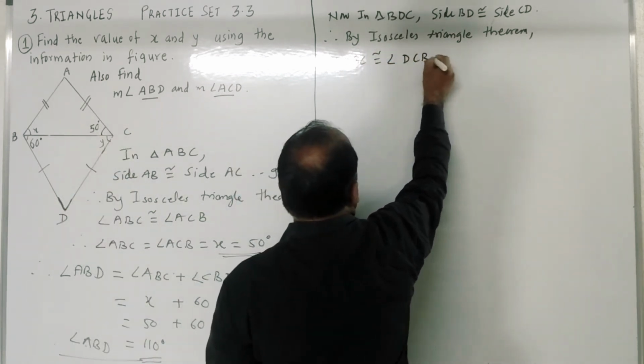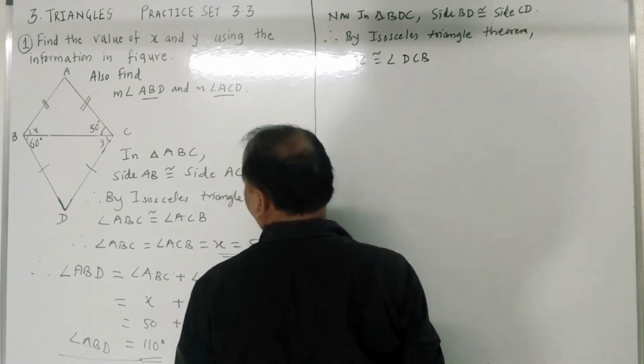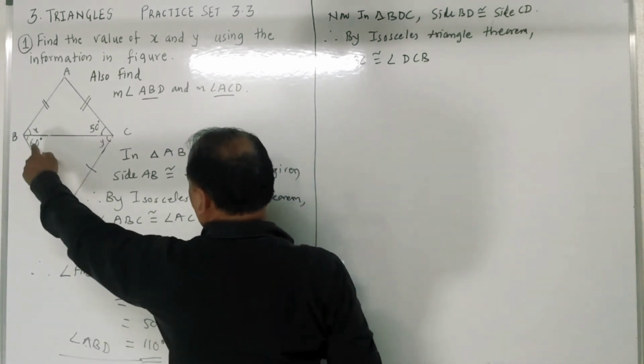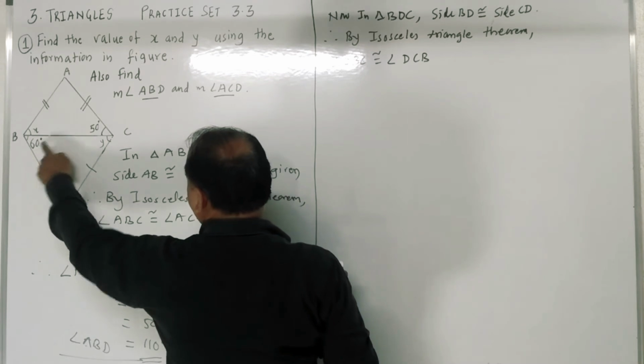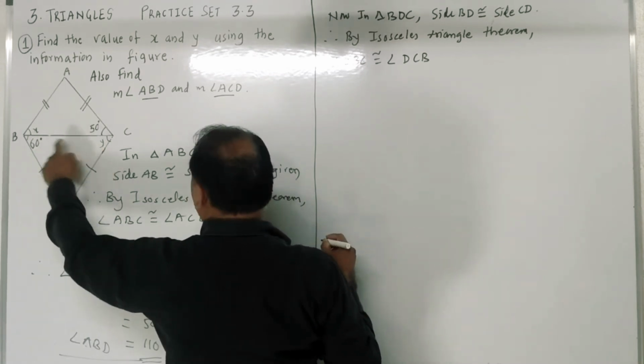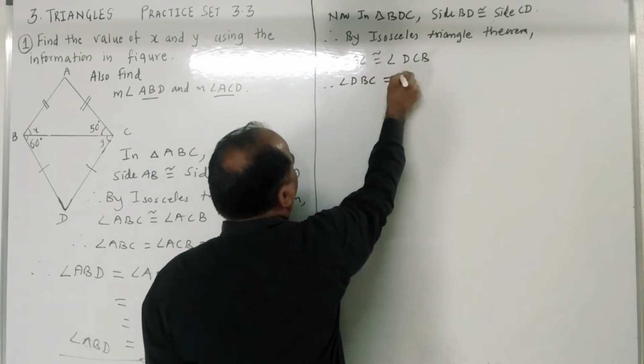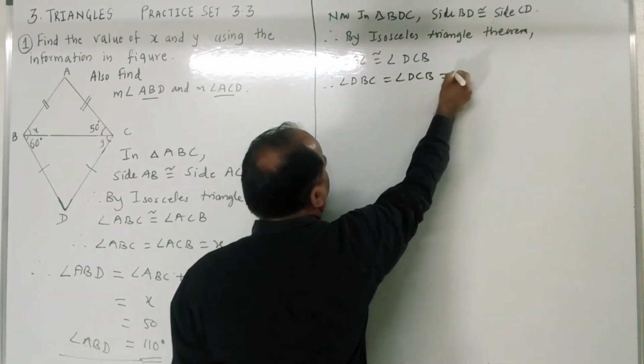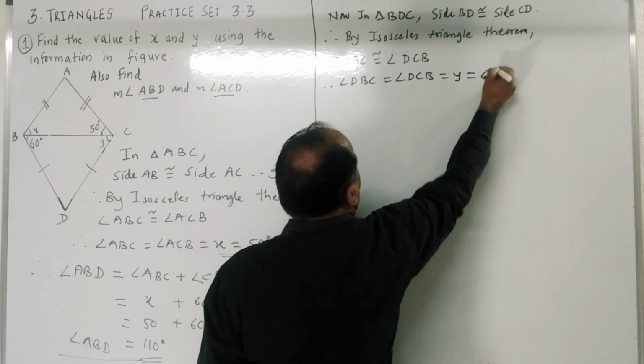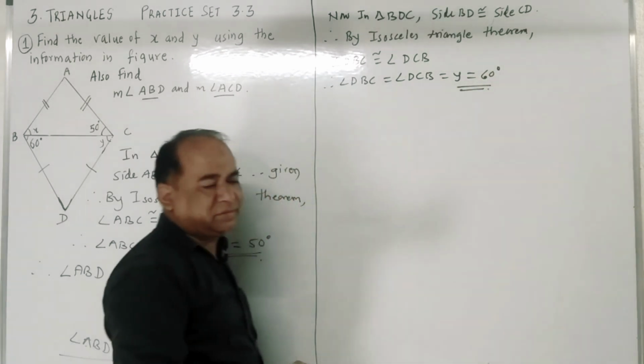Now this angle is 60 and this is y, so y is equal to 60. Therefore, angle DBC is equal to angle DCB is equal to y, which is equal to 60 degrees.